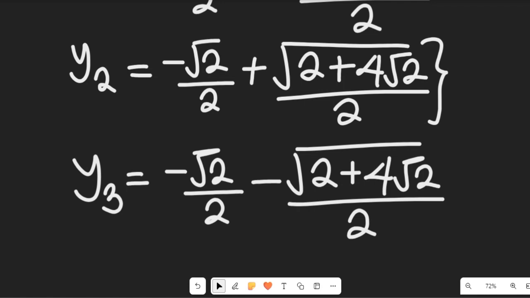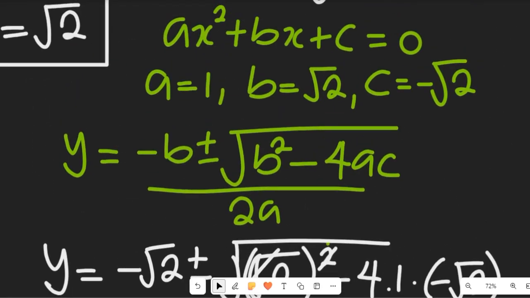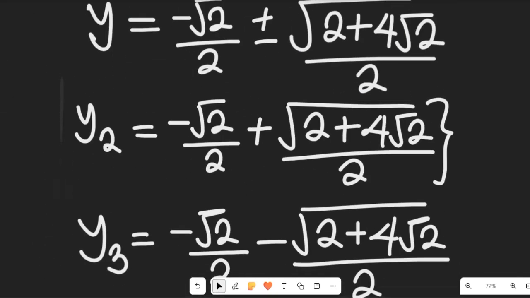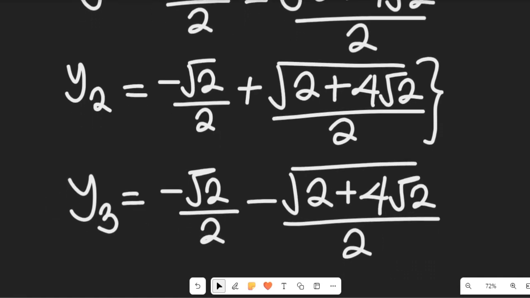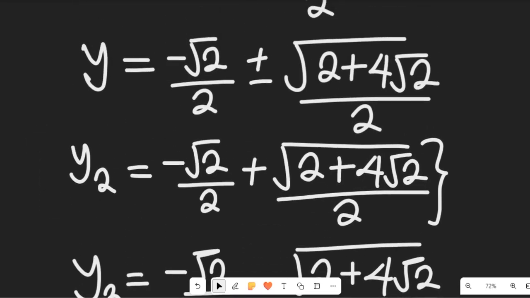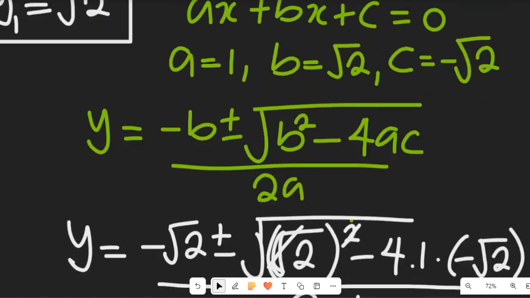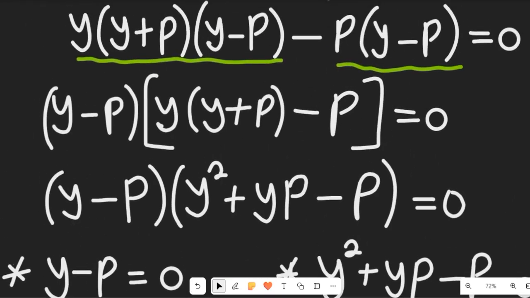So the values of y are y1, which is root 2, and then y2 and y3, which are these values that are given to us. So you see, these are the solutions to that mathematics expression that was given to us from the initial part of this equation.